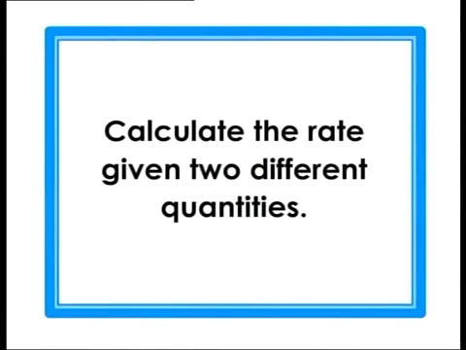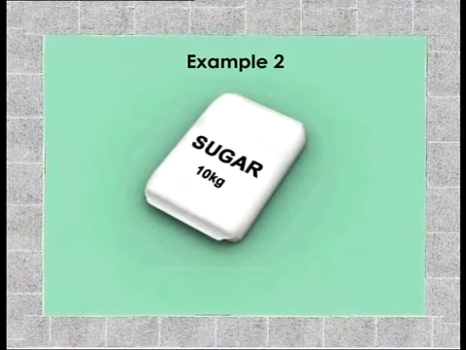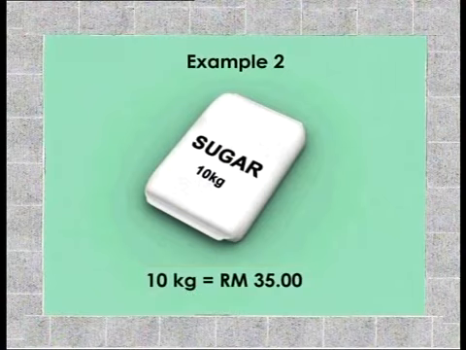Calculate the rate given two different quantities. When we know the two quantities that are involved in a certain rate, the rate can be calculated by dividing one quantity with the other quantity. Example 2. The price of 10 kilograms of sugar is 35 ringgit.